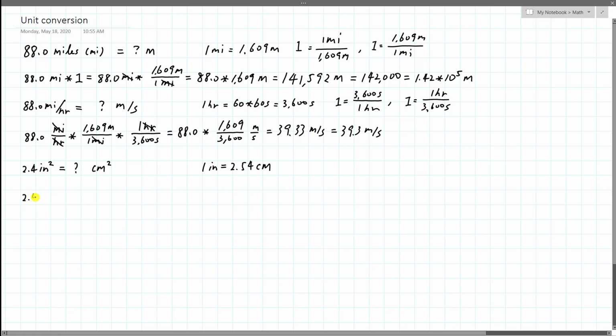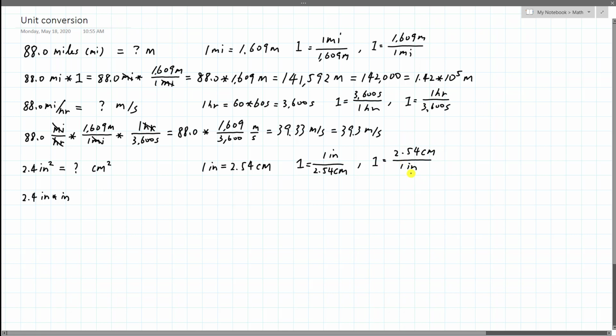So I'll rewrite it: inches times another inches, right? So we want to get rid of this. We have to have it appear in the denominator 2 times. So let's work on our power 1. Right here, I know that 1 inch is exactly equal to 2.54 centimeters. And I can also do this fraction, 2.54 centimeters per 1 inch.